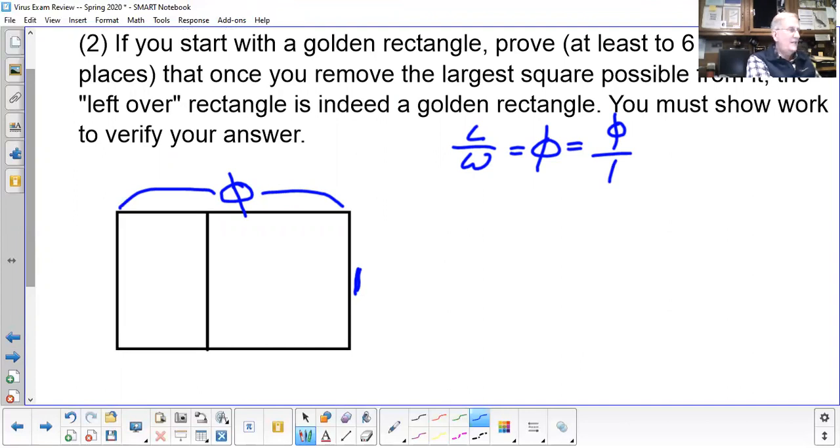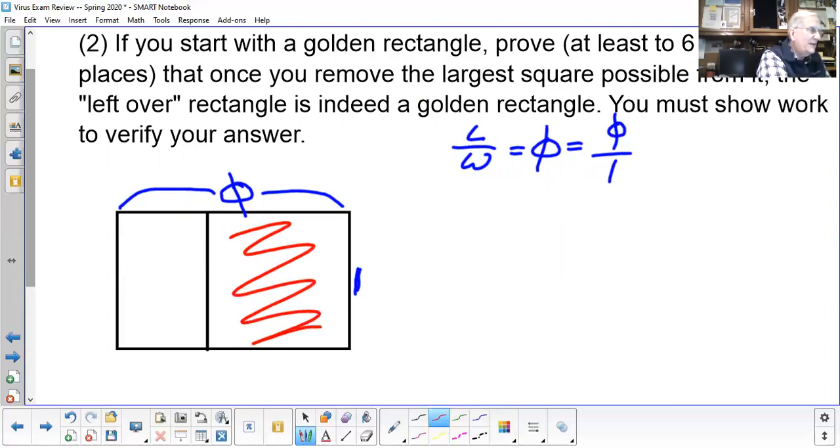Great. If I suck out the biggest square, will the figure left over be a golden rectangle? Can I prove that it will be? Well, let's see. I'm going to take off this square right here, and I want to make sure that the leftover rectangle on my left is golden.